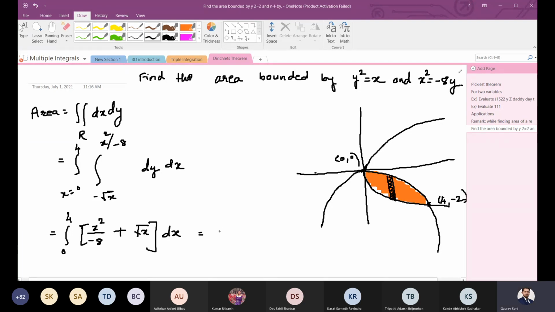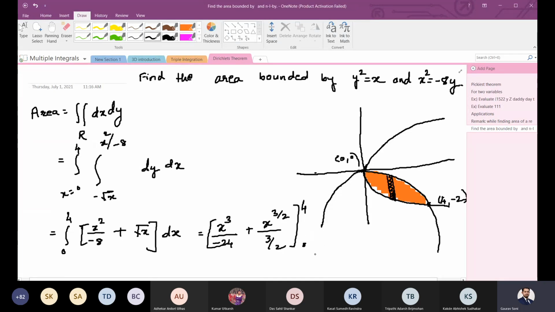So that will become x cube divided by minus 24 plus x raised to 3 by 2 divided by 3 by 2. Values from 0 to 4.